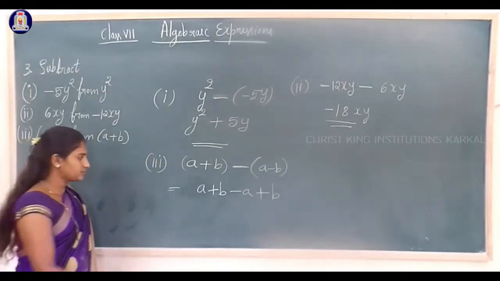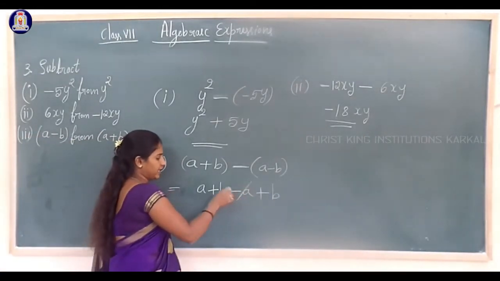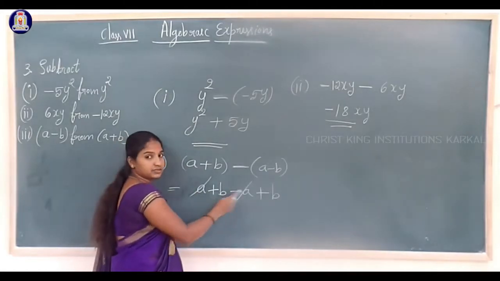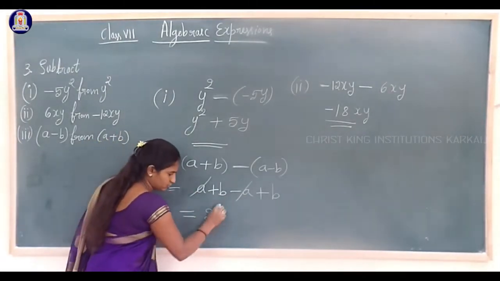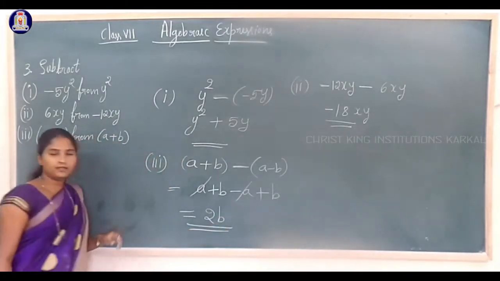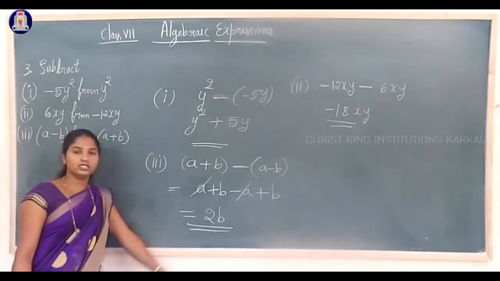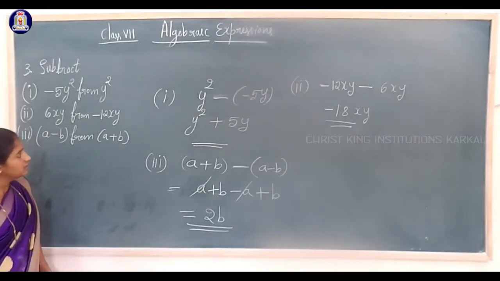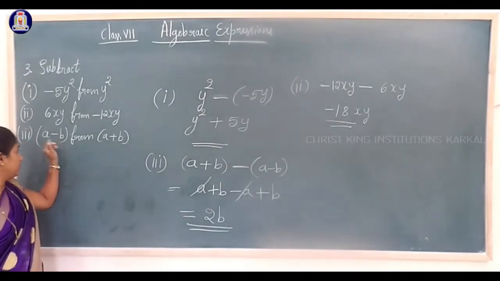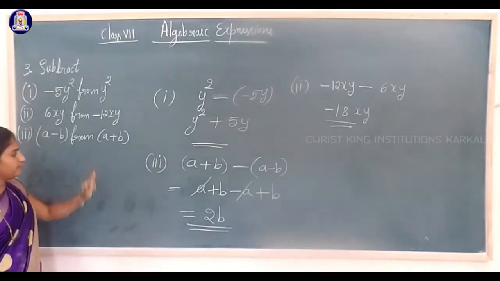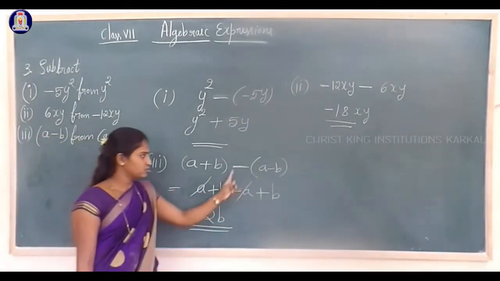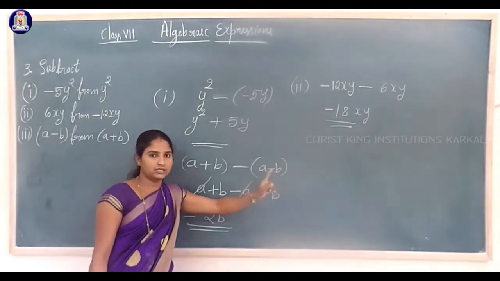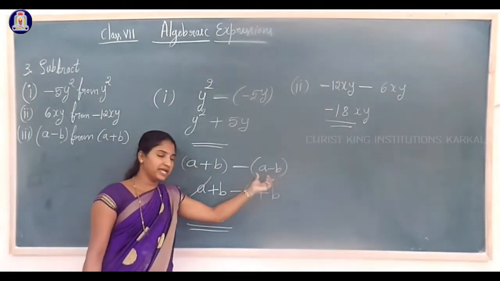Now plus a minus a cancel. Plus b, plus 1b, total 2b. 1b plus 1b, total 2b. So this is the answer to the third question. A minus b you have to subtract from a plus b. You have to multiply the sign to both the terms because this is a binomial.